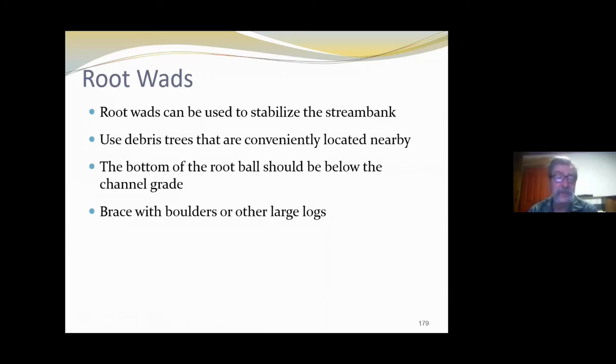Those debris trees that are conveniently located right there, you can use some of that below the channel grade, because wood starts to rot and deteriorate pretty quick when it's exposed to the air. But if you can bury it or get it below grade, so you don't have a lot of that rotting process going on, it'll last for a long time.